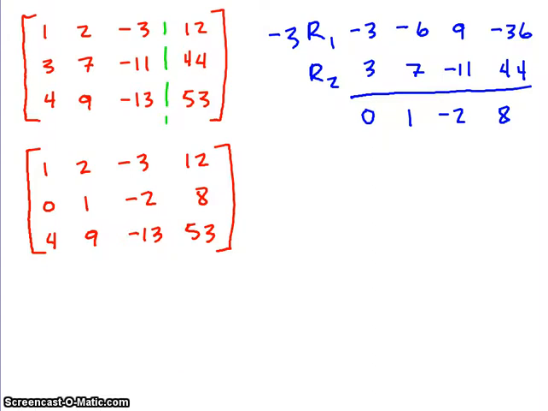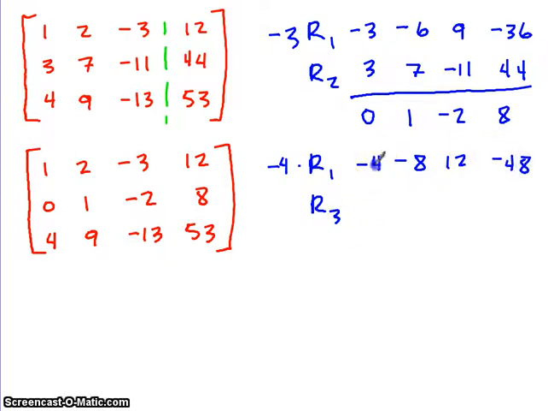So let's go ahead and get a 0 right where this 4 is. And so we're going to add row 1 and row 3 together, multiplying row 1 by a -4. So we have a -4, -8, a 12, and then a -48.